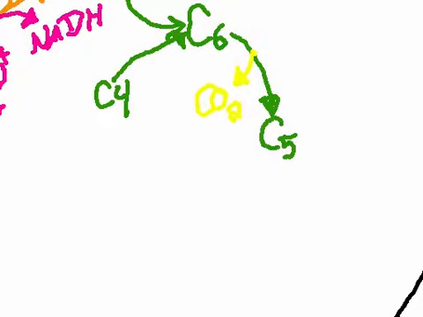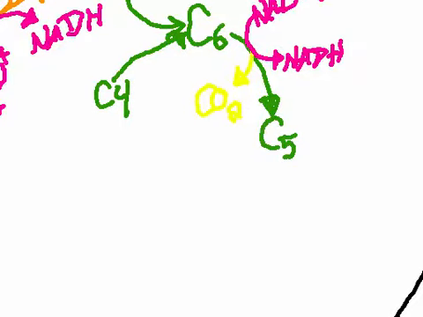This couples again with the formation of an NADH, because electrons came from that C6 and were given to NAD+ and a hydrogen ion. Oh, that was horribly drawn. Take my time. So we've made a second NADH molecule, another electron carrier.